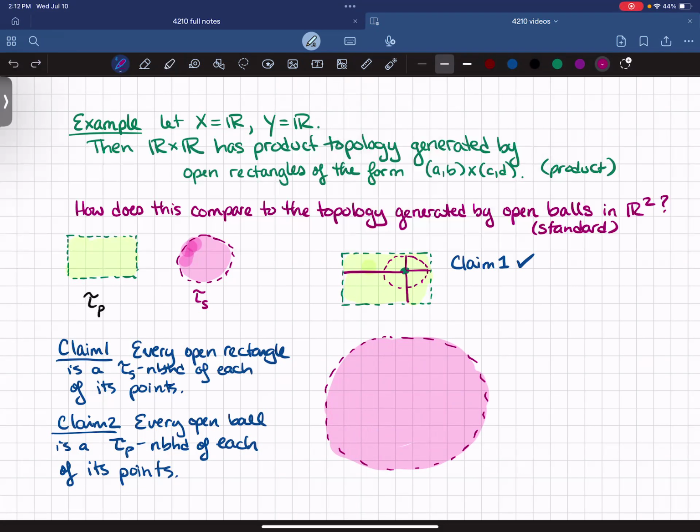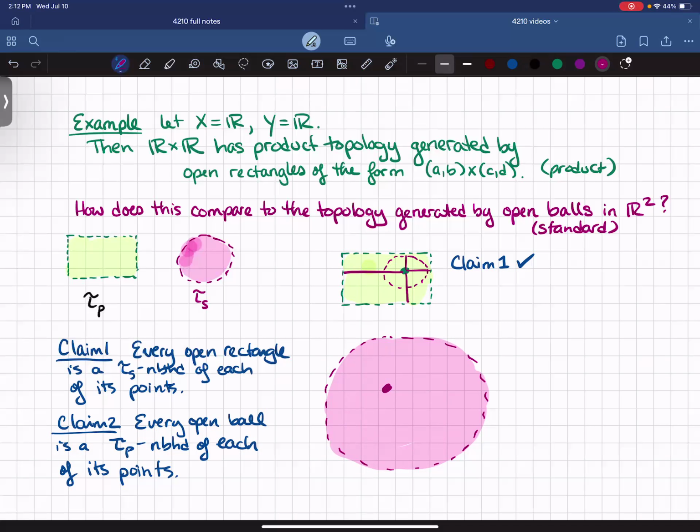Actually, just to make my drawing slightly better, I'm going to make the point more towards the middle. If I get too close to the edge, things will get small. Okay. So I want to show that there's an open set in the product topology, which is to say an open rectangle, a basic open set, that is completely inside of this open ball.